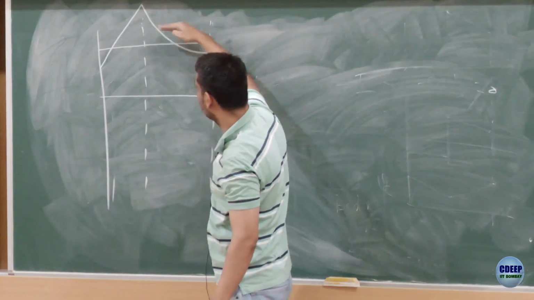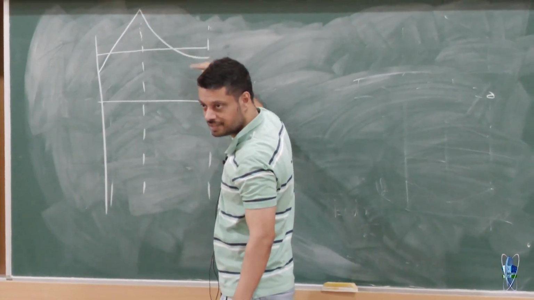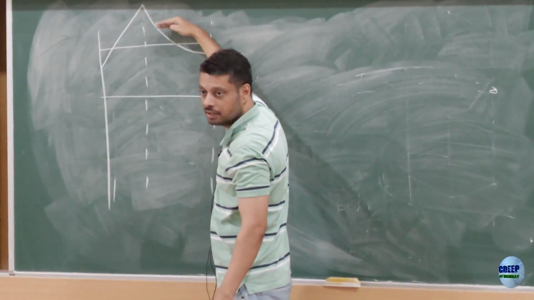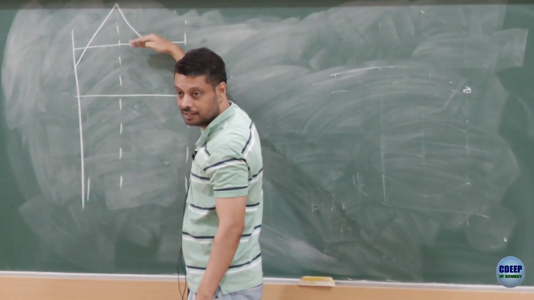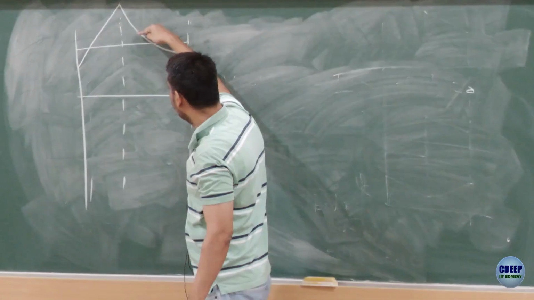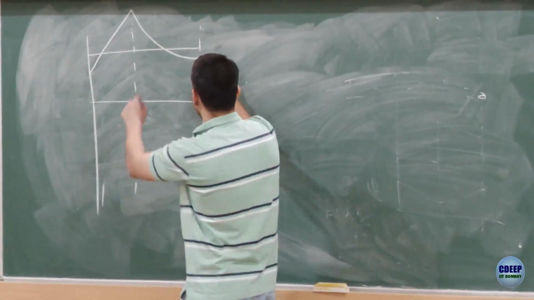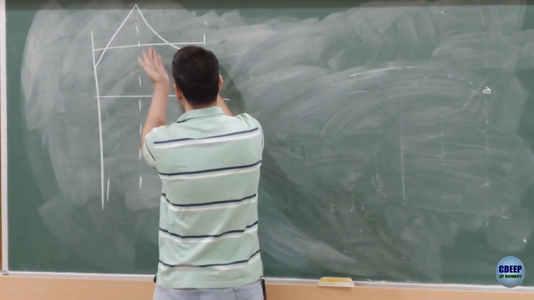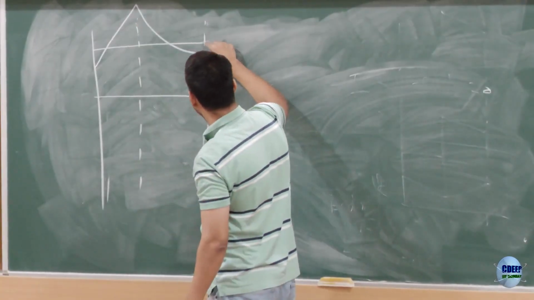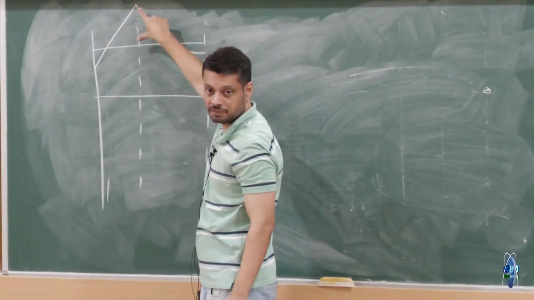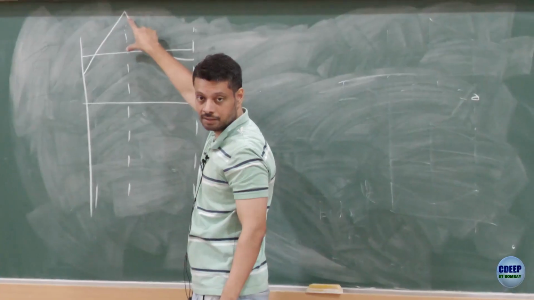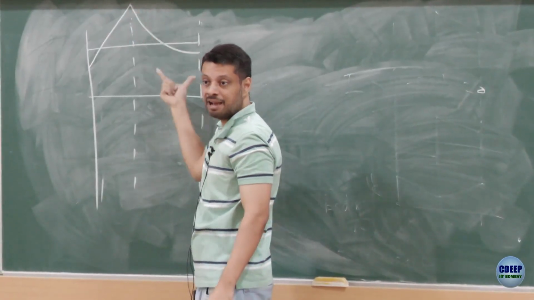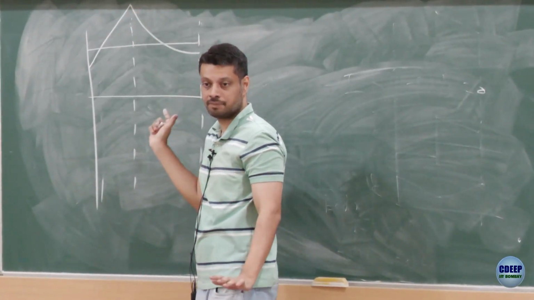If this would have been a straight line, the average would have been at the midpoint. If this is decaying, then the average is lower than the straight line, so the average will be somewhere below. That means these 2 points are, this is how it would look like. So this would be closer to the average, this would be farther away from the average, right? Is that okay? But the average will remain the same.